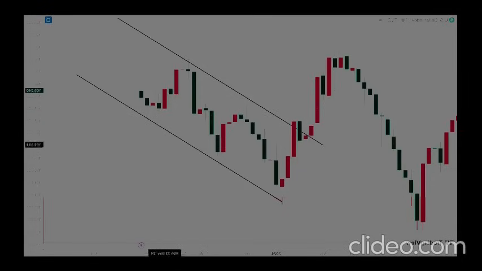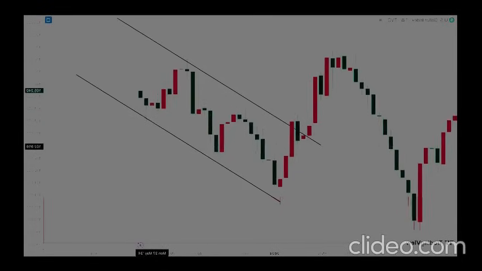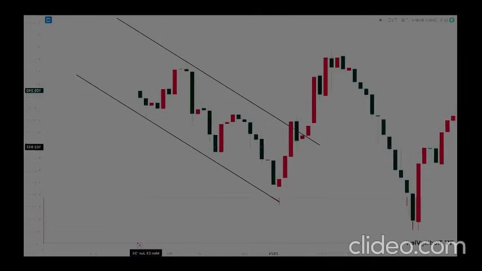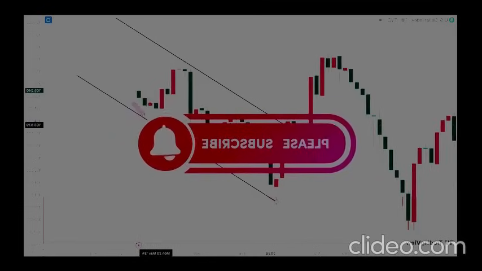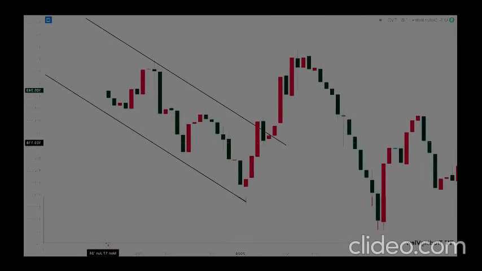So within this channel, that will be our point of consolidation.